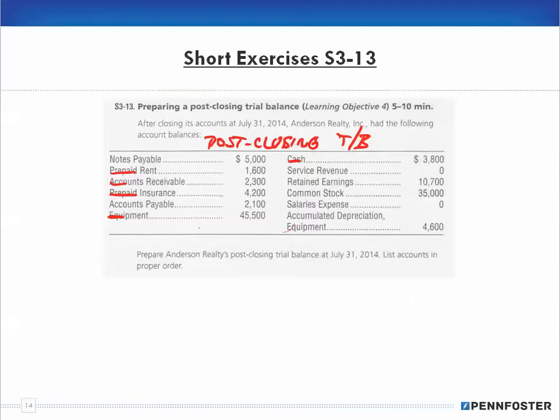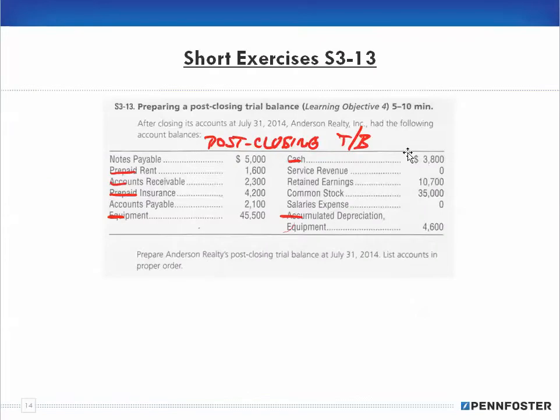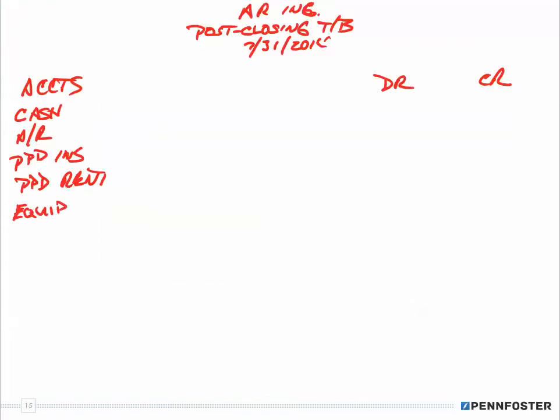Yes, because I have an accumulated depreciation. That's the contra account. Notice it says accumulated depreciation, equipment. So underneath equipment, I would have accumulated depreciation, and I'm abbreviating here, of course. Those are all my asset accounts.